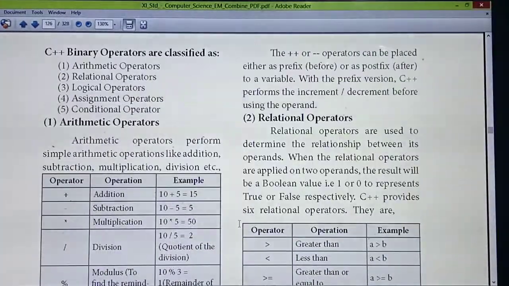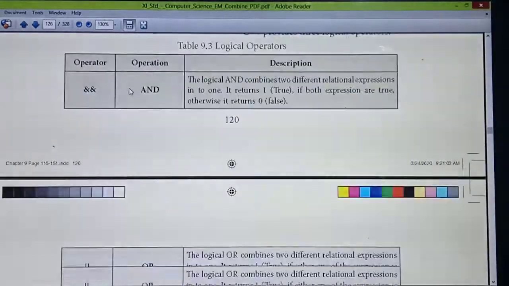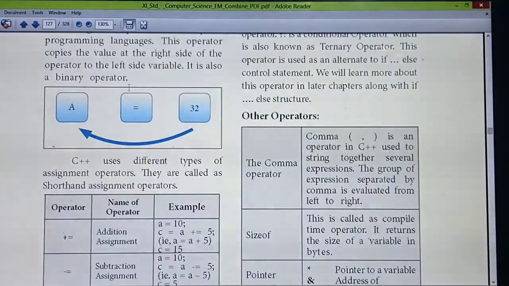Starting from here, C++ binary operators are classified as, till page number 121, before the heading other operators. Have you all marked?